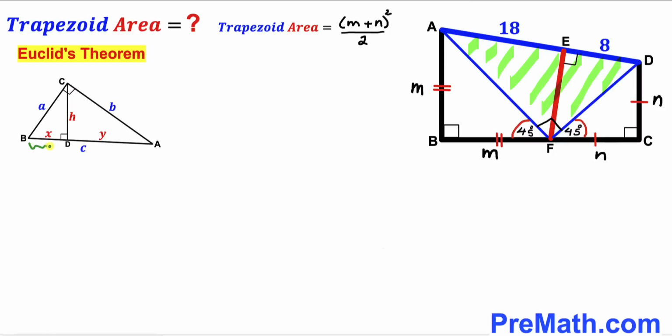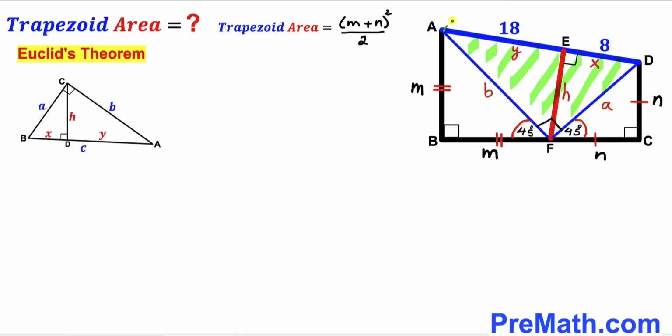This segment is represented by x, and this segment is represented by y, such that this whole side AB length is lowercase c, this side BC is lowercase a, and this side AC is lowercase b. So I have labeled this segment length as y, this segment length x, this height h, this side a, and this side b.